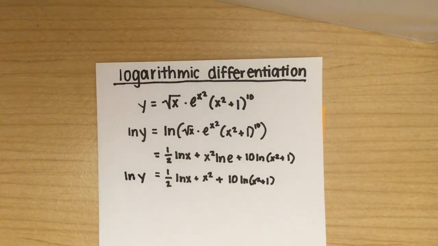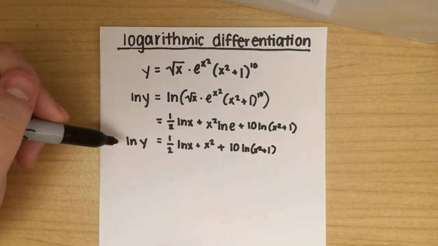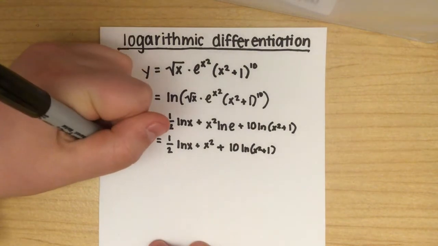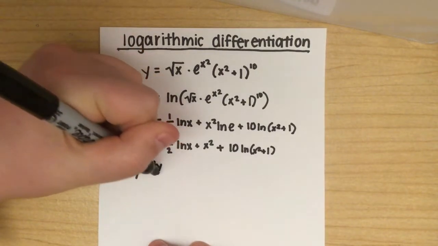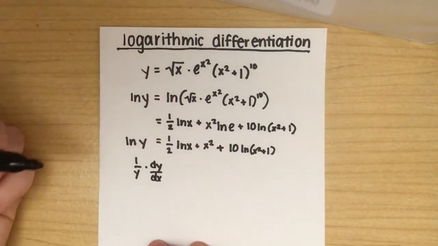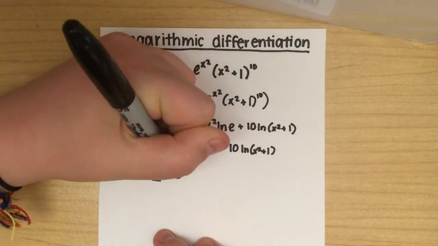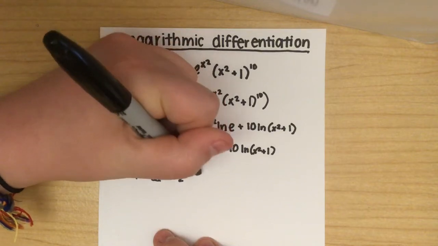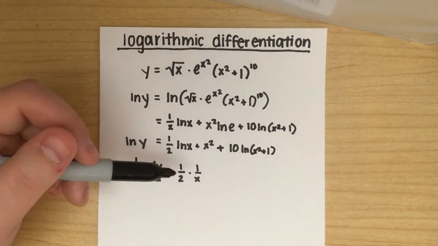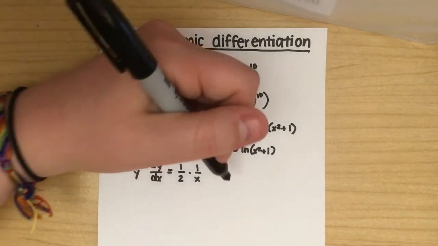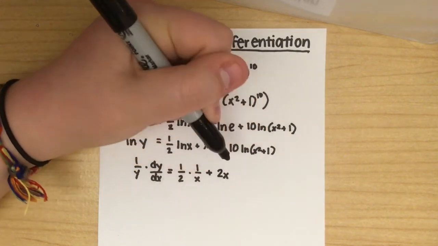So now is the time that we use implicit to solve this. So on this side, it will be 1 over y times dy dx. So that's easy. And then on this side, it will be 1/2 times 1 over x, and then we don't have to use the dx over dx because that just equals 1. And then the derivative of x squared is 2x.